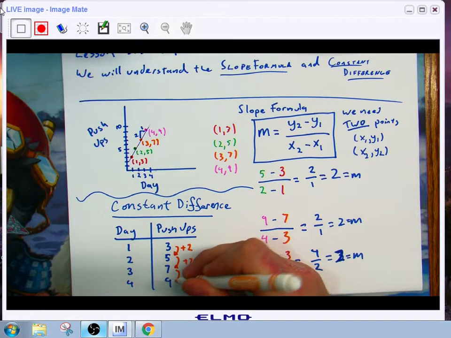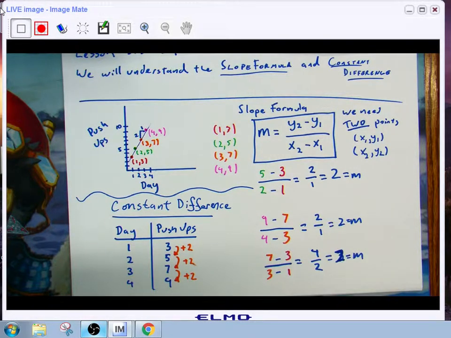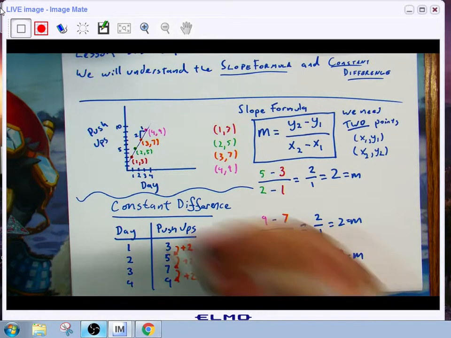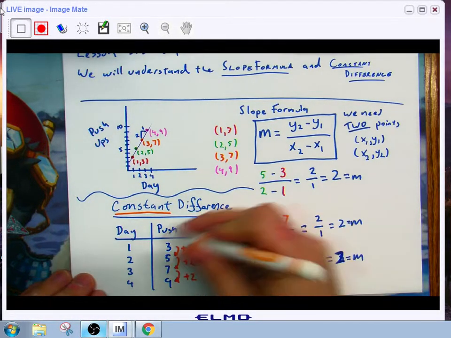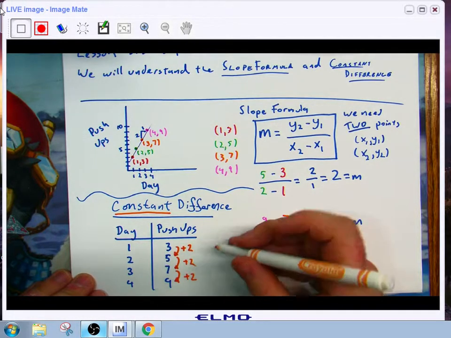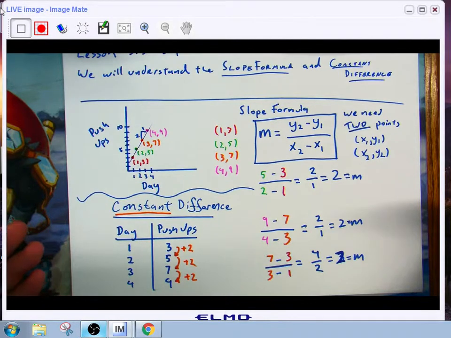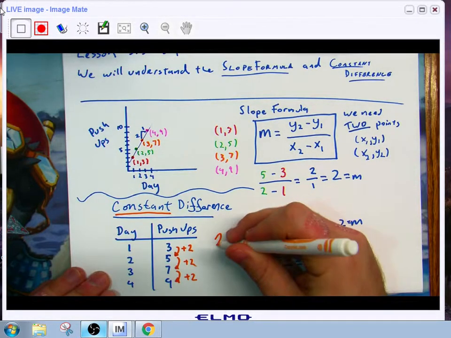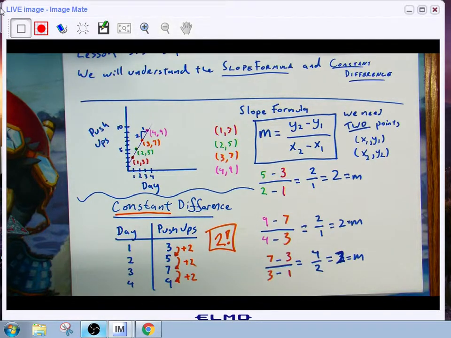To get from 7 to 9, I add 2. And so we can see that I am constantly adding 2. So if I were to ask you what the constant difference of his push-up routine is, what would you tell me it is? 2. You would say that the constant difference is 2.